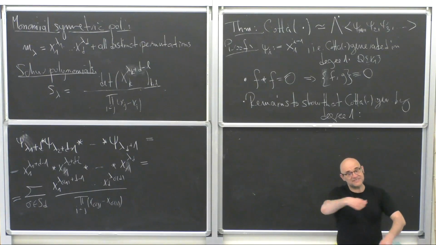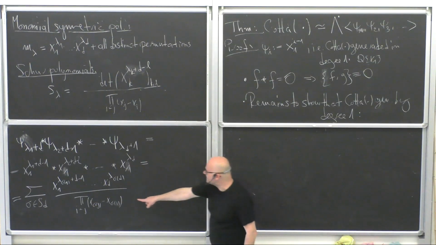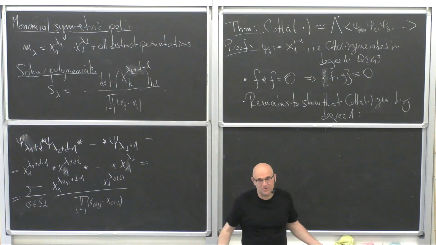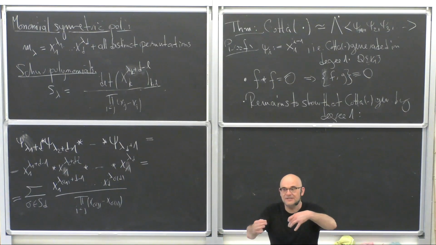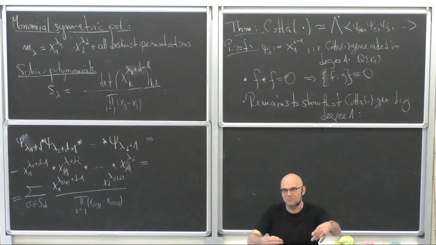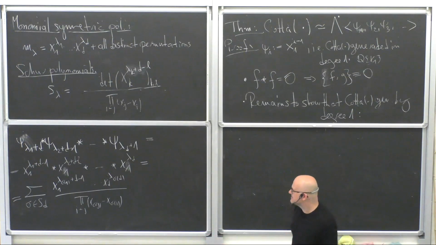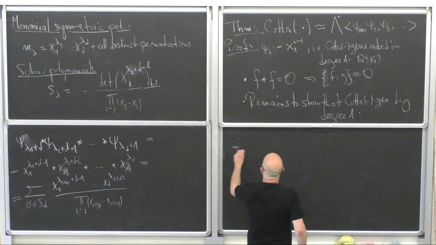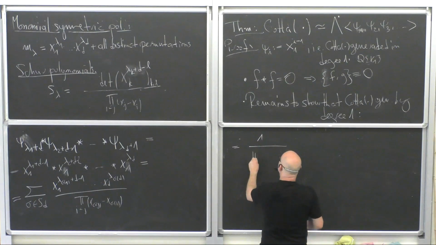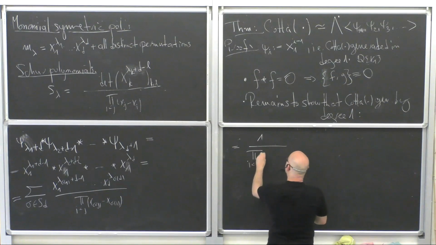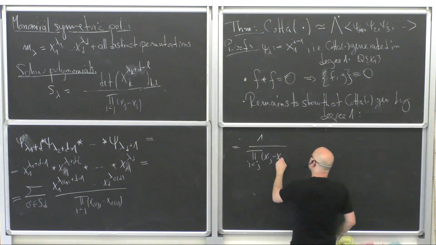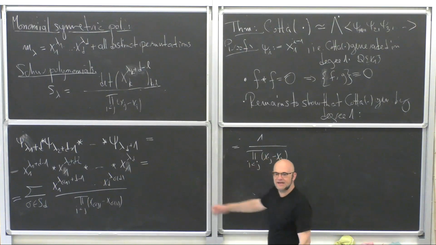But now we do the sign trick, because this product in the denominator is always the same product. It's the product over all differences of distinct variables, but always in a different order. So we pull this out in always the same order, i less than j, xj minus xi, and this will just introduce a sign in this sum.